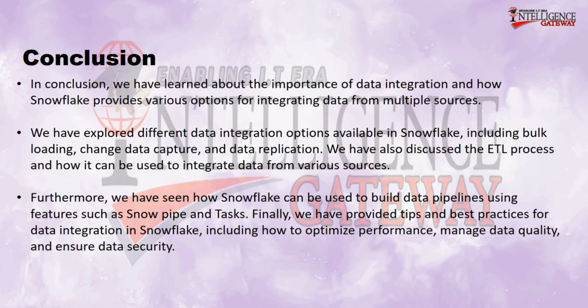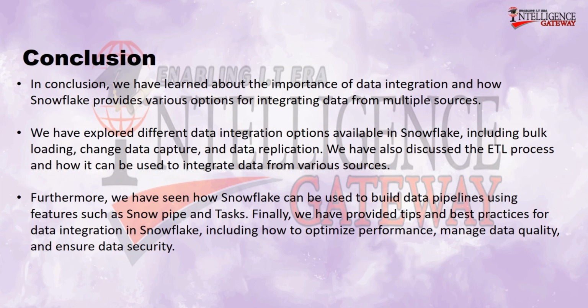Conclusion. In conclusion, we have learned about the importance of data integration and how Snowflake provides various options for integrating data from multiple sources. We have explored different data integration options available in Snowflake, including bulk loading, change data capture, and data replication.